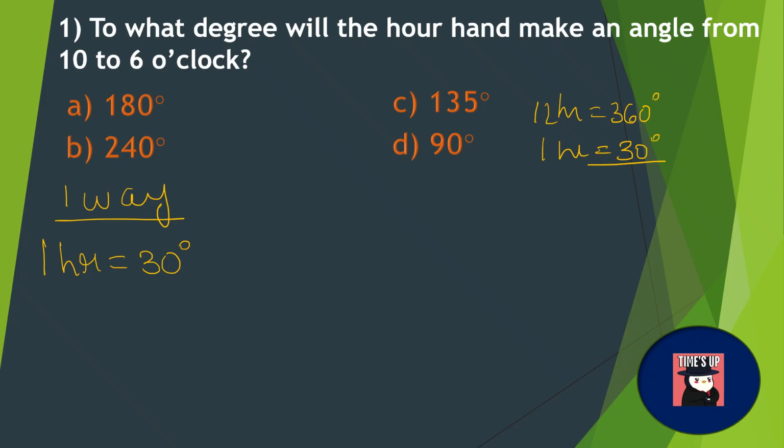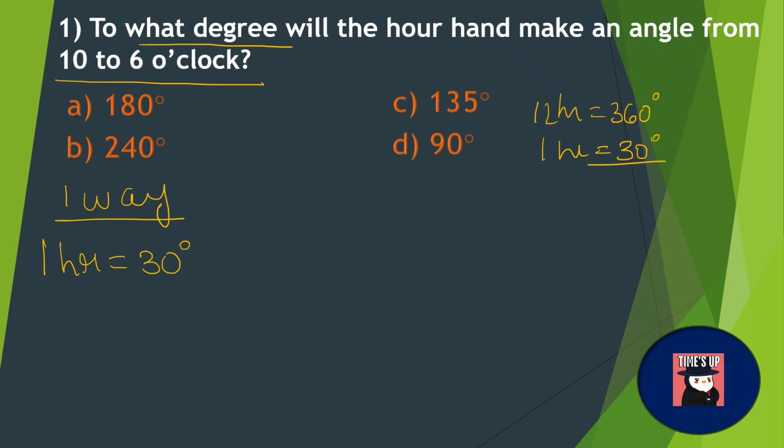Understanding? So from 10 to 6 o'clock, what degree it makes? We want that. 10 to 6 o'clock, how many hours it will make? 10 to 11, 11 to 12, 12 to 1, 1 to 2, 2 to 3, 3 to 4, 4 to 5, 5 to 6. So how many hours? 8 hours. Correct?